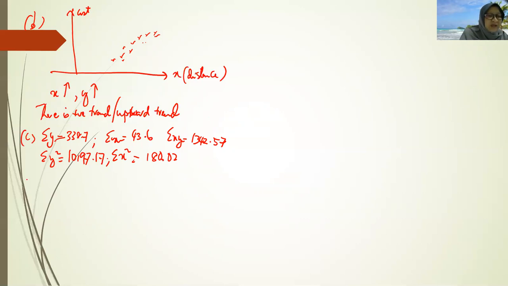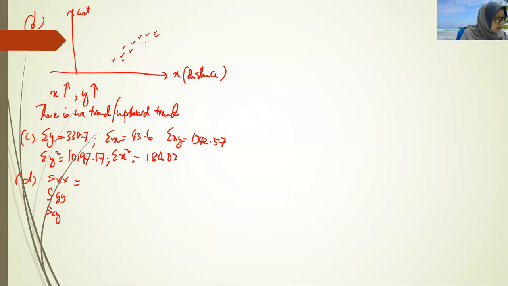You will use these values in part D to calculate the correlation coefficient, where you have to calculate SXX first, SYY, and SXY.